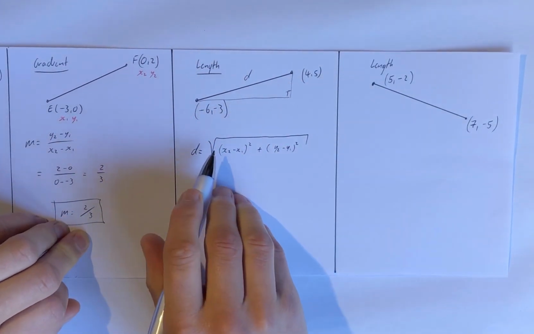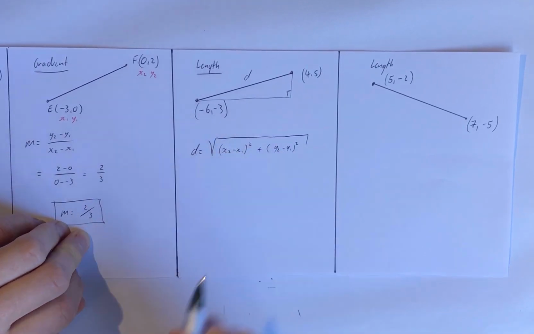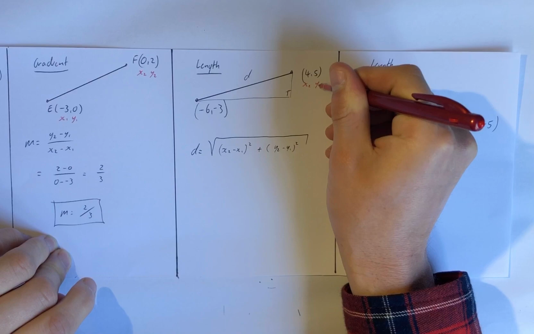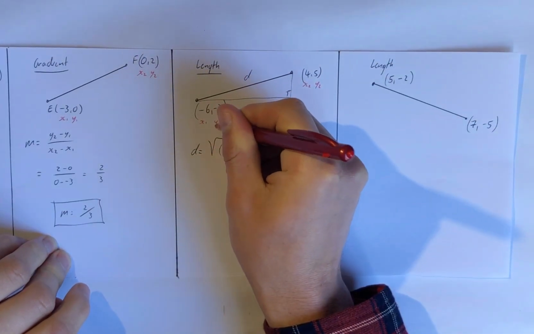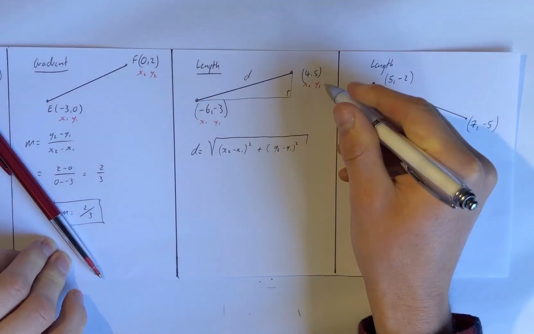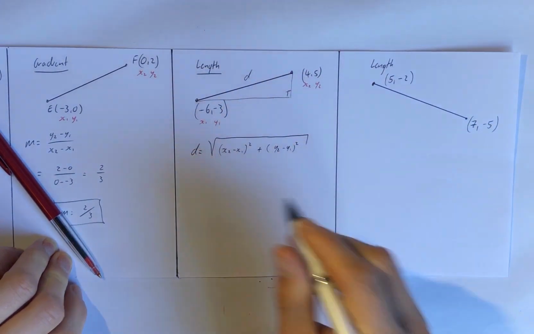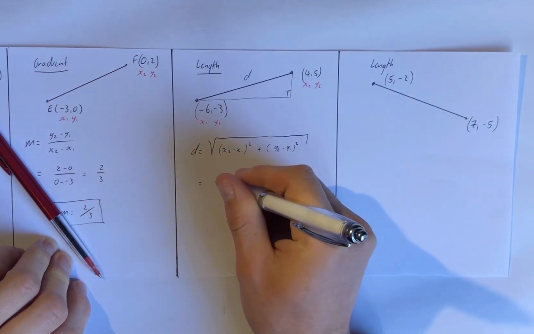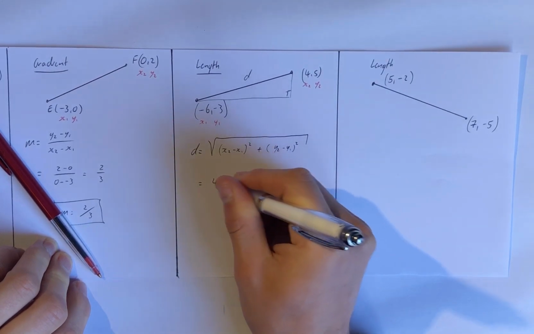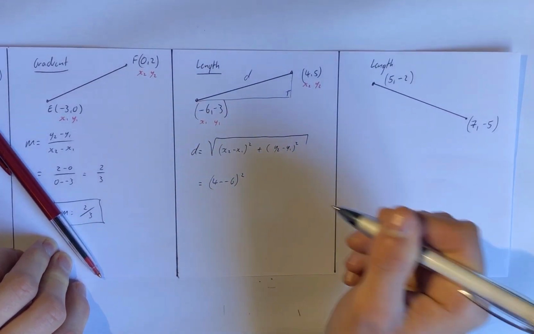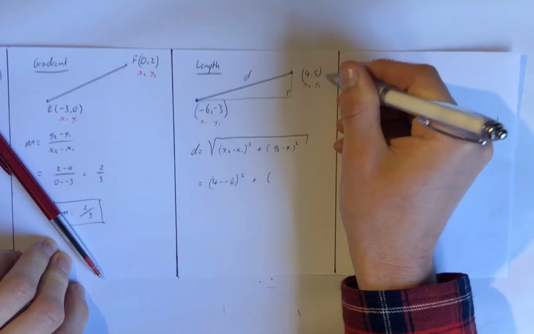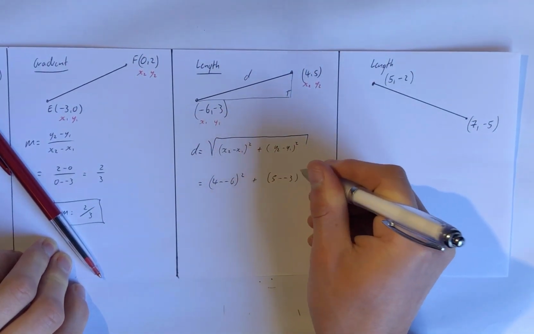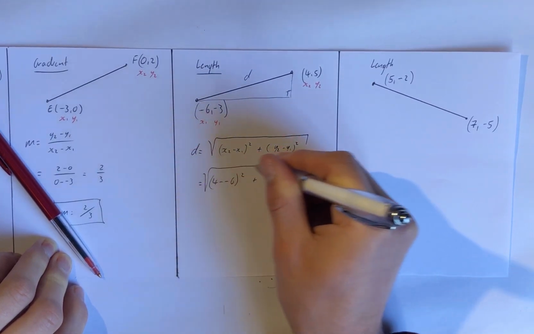It's just a bit more of a generalized version of Pythagoras' theorem. So this would be x2 y2, and this is x1 y1, and now all you have to do is plug these numbers into the formula. So distance will be x2 minus x1, so 4 take away negative 6 in brackets squared, plus y2 minus y1, 5 take away negative 3, all squared, and then that whole thing is square root.